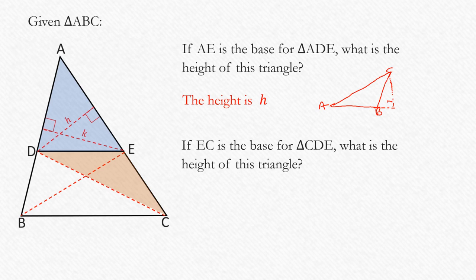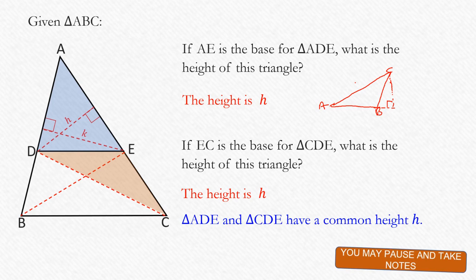So the height of triangle CDE there is H. We have recognized that triangle ADE and triangle CDE have a common height H. So we're going to use this as we prove our proportionality theorem.